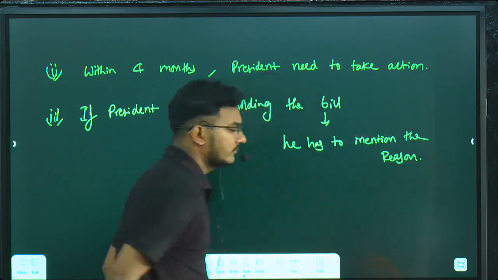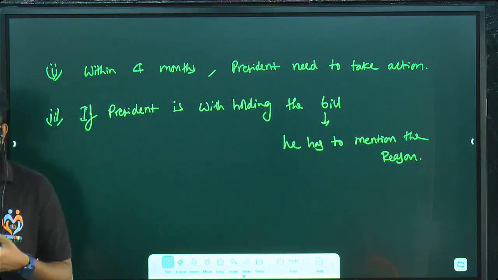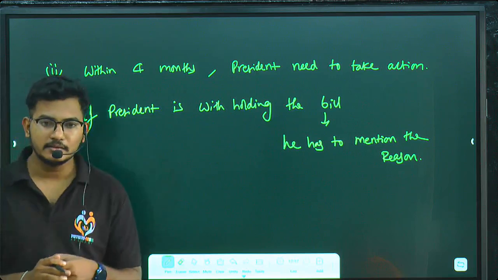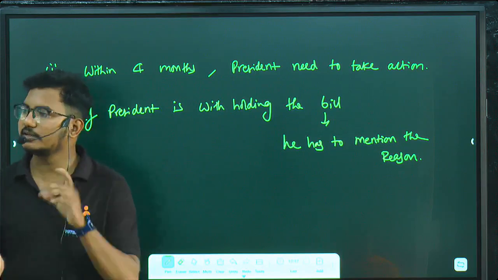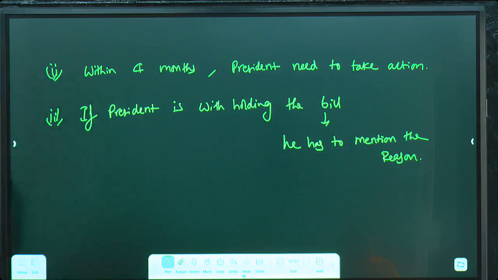If you are giving assent, then no worries at all, everything is going good. Second one, if you are withholding the bill, then you must come up with the reason why you are withholding the bill.